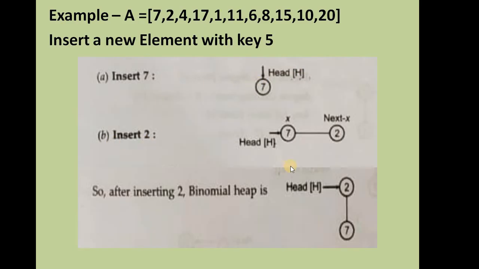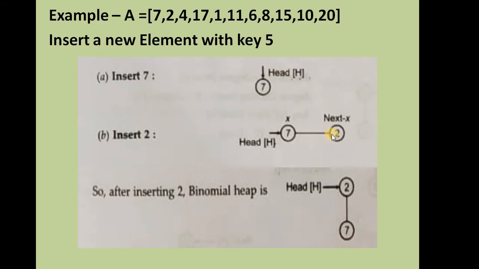Then we'll insert 2. To insert 2, we'll create a new binomial heap with 2. Then we'll perform the union of these two, the older one 7 and the new one 2. As we know, there is a property violation in a binomial heap, we cannot have more than one tree with the same degree. So we need to restore the property. At the time of restoration, we need to link these two binomial heaps, with the min property considered.